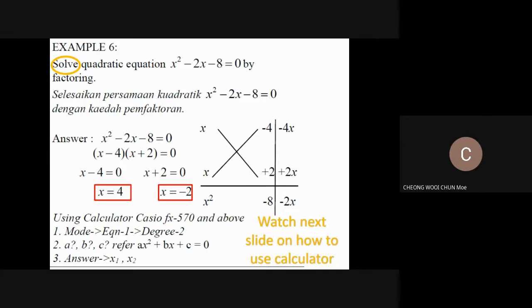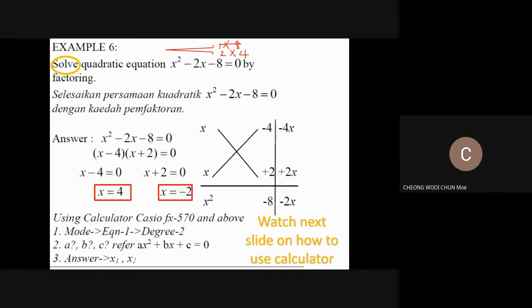Okay. So to get 8, it's either 1 times 8 or 2 times 4. Which one to use? 8 plus 1, you get 9, cannot get 2. 8 minus 1, you get 7, cannot get 2, so cannot use. 2 plus 4, you get 6, cannot get 2. 4 minus 2, you get 2.